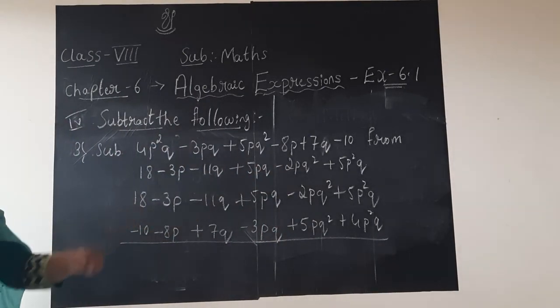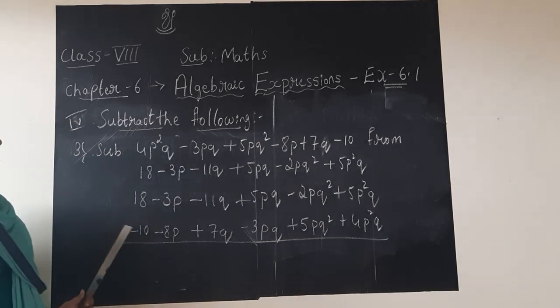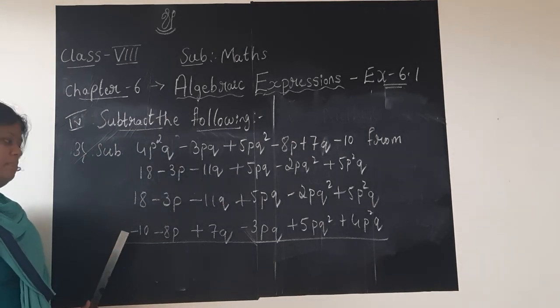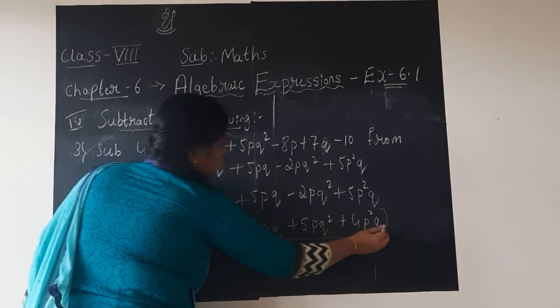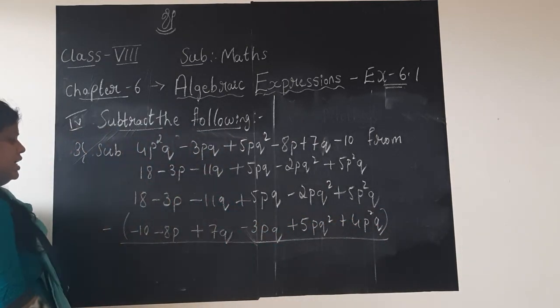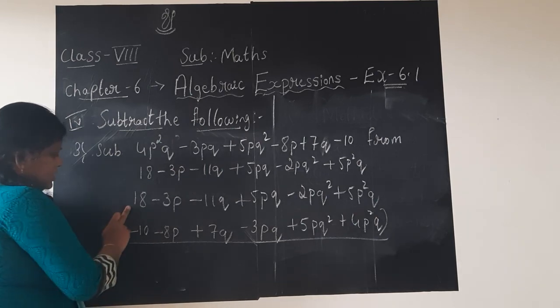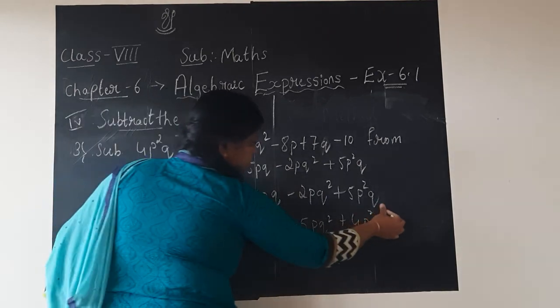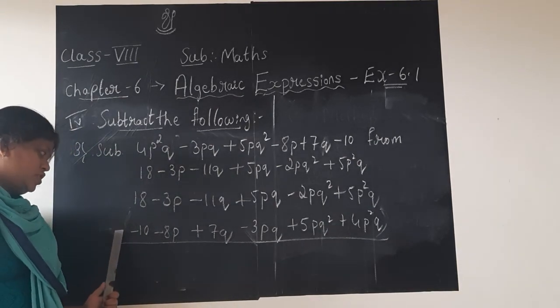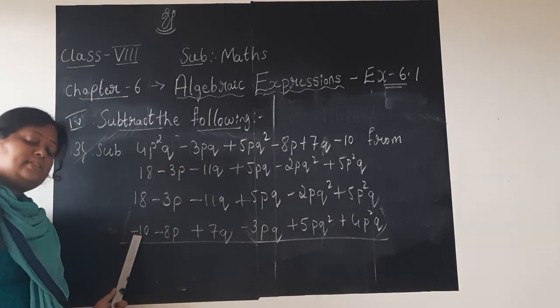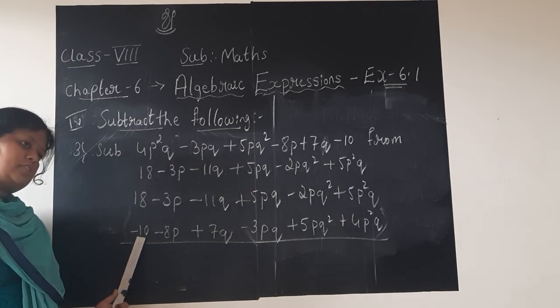Now our work is to change the sign. Why? Because we are subtracting. When you apply the minus sign to this whole bracket, all the signs will change. I will not put a bracket and confuse you. In the previous problem which we solved, I did not change the sign of the first term because it was with a plus sign.